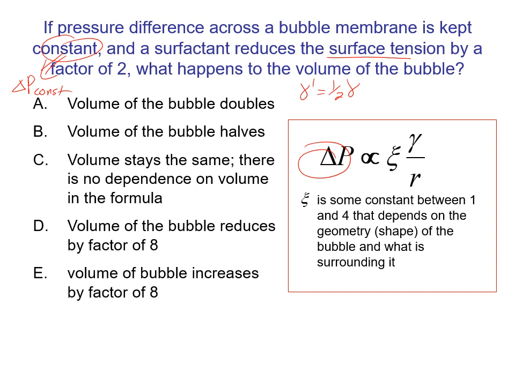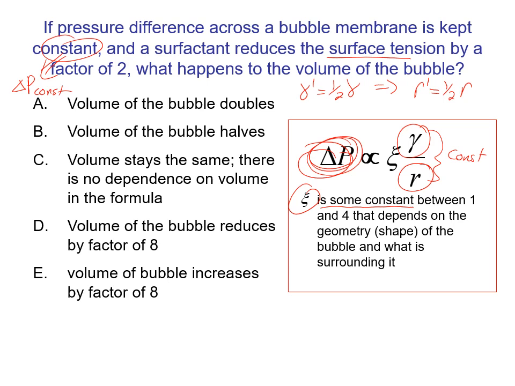Now, because the pressure is constant, if this is a half of what it was before, then the radius also has to be a half of what it was before in order for this ratio to remain the same. Because we already know that this is some constant. So this tells us that the radius afterwards is equal to 1/2 of the radius before.